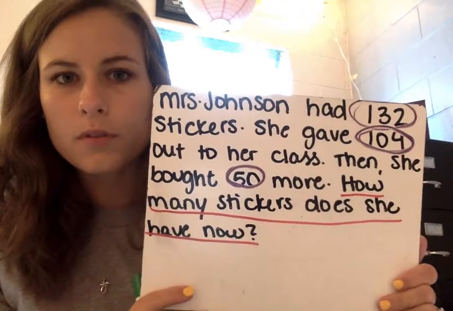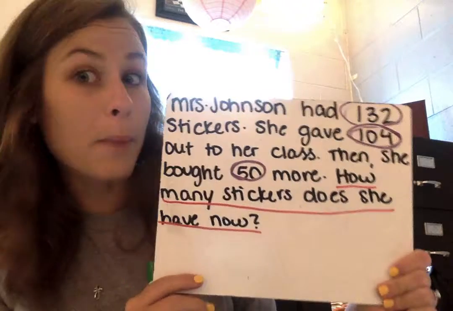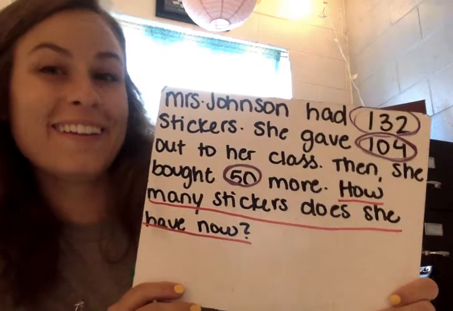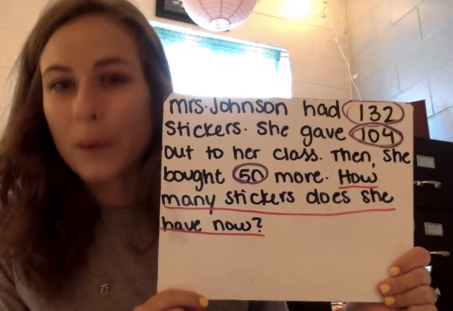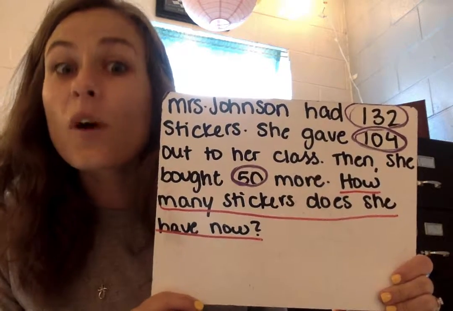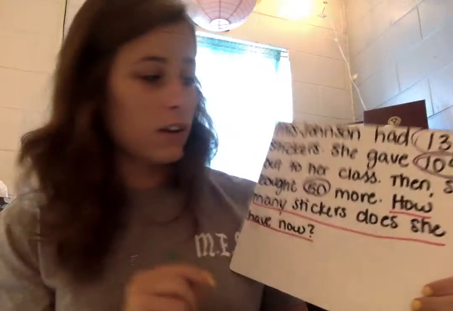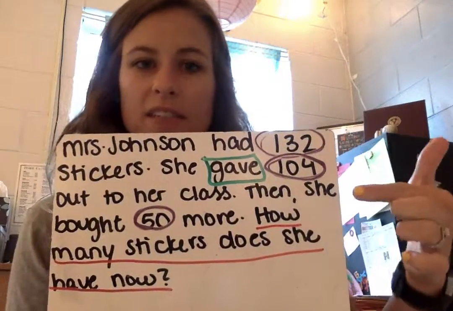With your group, decide what the keyword is. I'm going to give you about 10 seconds, okay? Where's my keyword? There might be more than one. Maybe. Just say it. Okay. You have some? All right. So one of the ones you should have had was that she gave some of these stickers away.